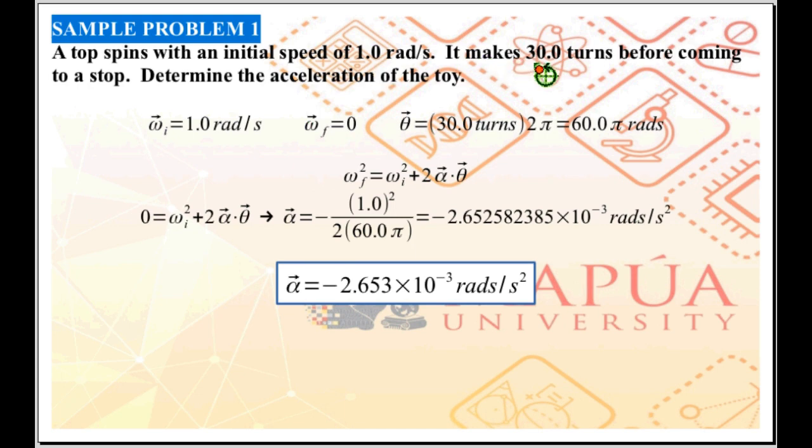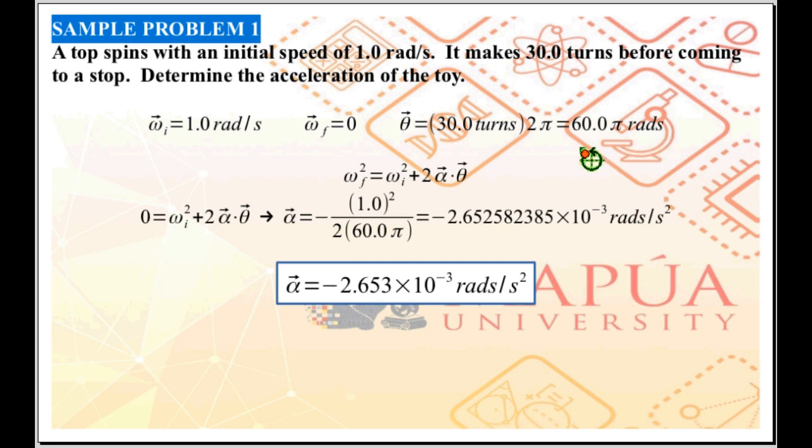The toy makes 30 turns before coming to a stop, so the total displacement is 30 turns, so theta is equal to 30 turns. 1 turn is 2 pi radians, so the total displacement is 60 pi radians.